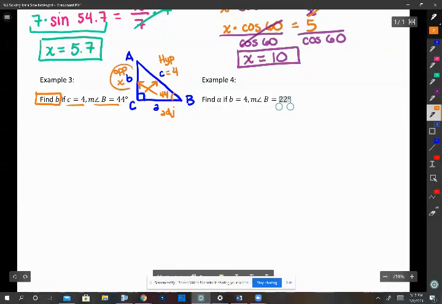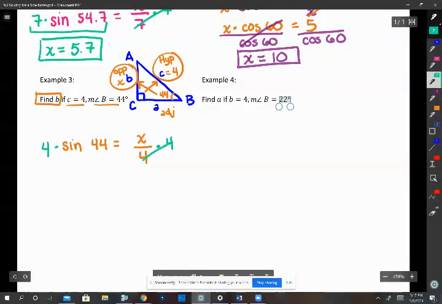So I have a value in the opposite and a value in the hypotenuse, and that helps me know which trig function to use. Because I'm using opposite and hypotenuse, I'm going to do sine. So I have sine of 44 is going to equal x over 4. And then again, we're going to use that to solve. So to get rid of dividing by 4, we times both sides by 4.